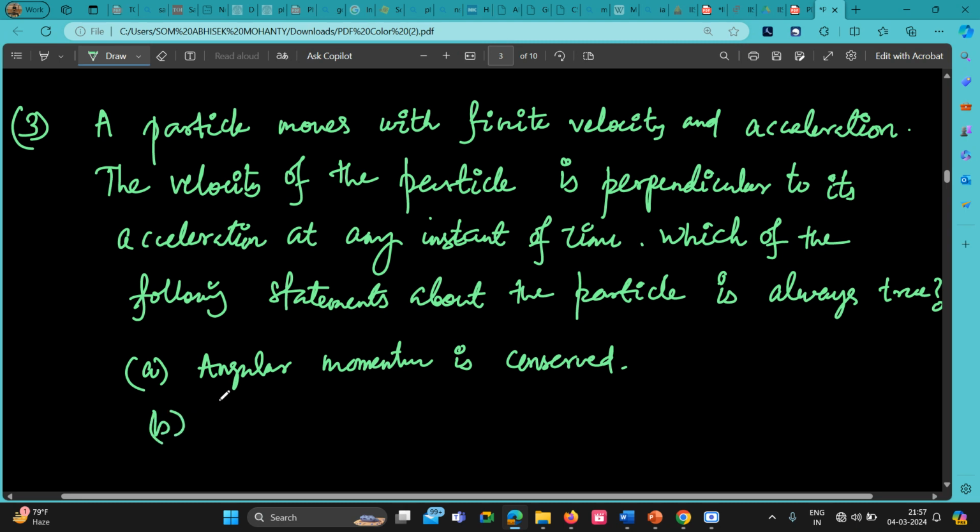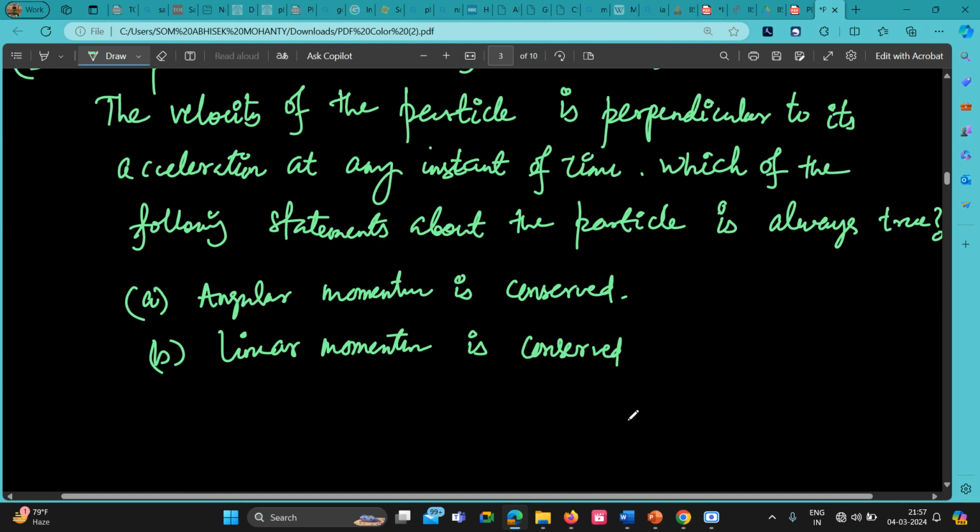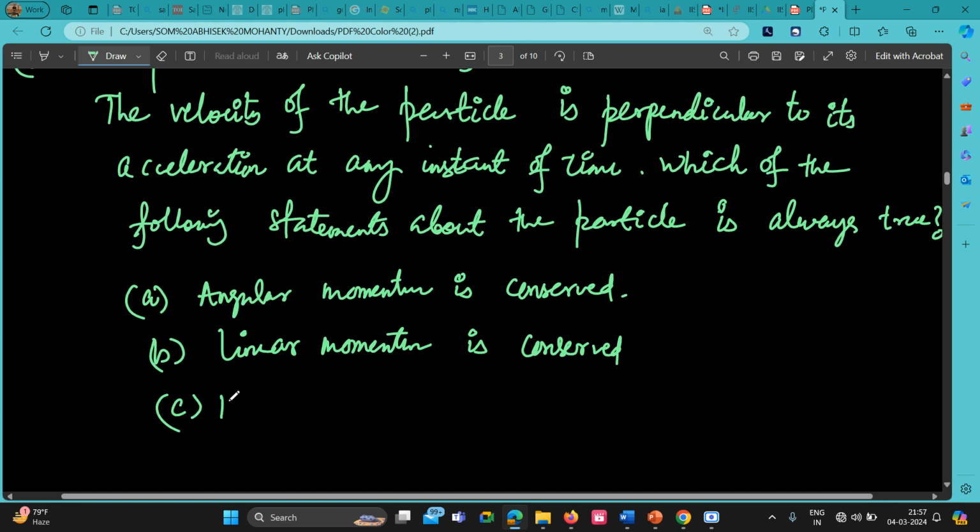Option B, linear momentum is conserved. Option C, kinetic energy is conserved. Option D, acceleration is zero.